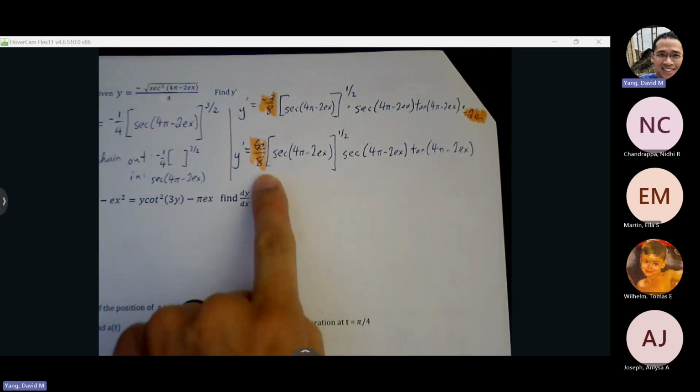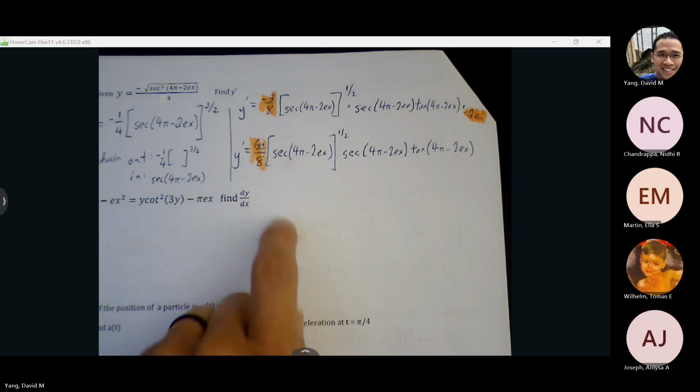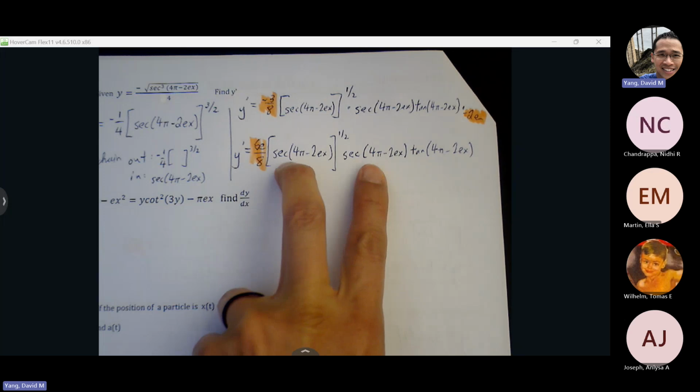I merge those together. You could also reduce that to be 3e over 4. You could even merge these together and make it secant raised to the 3/2 if you wanted to.